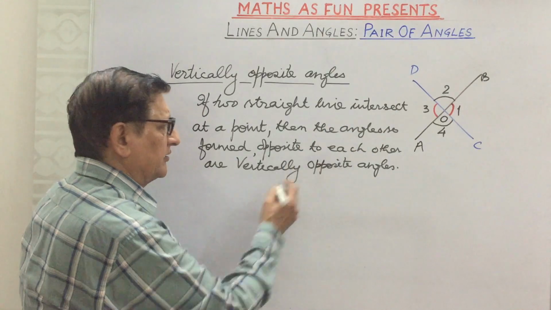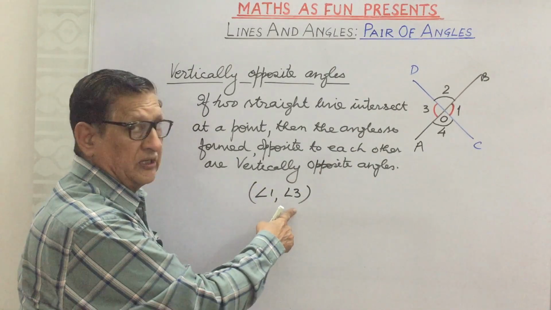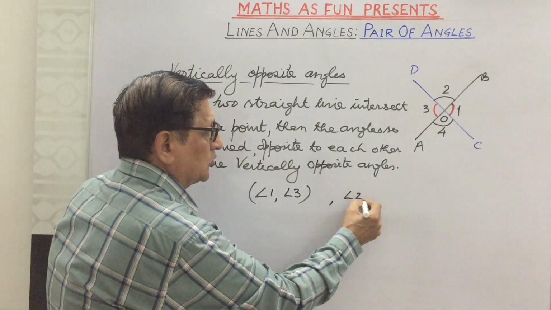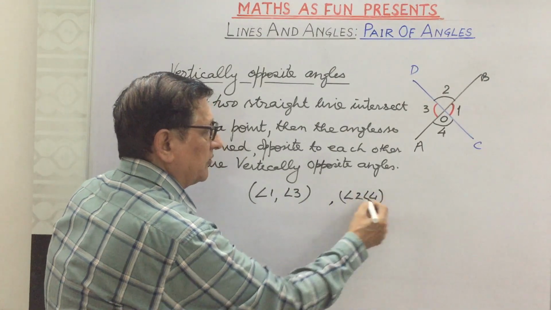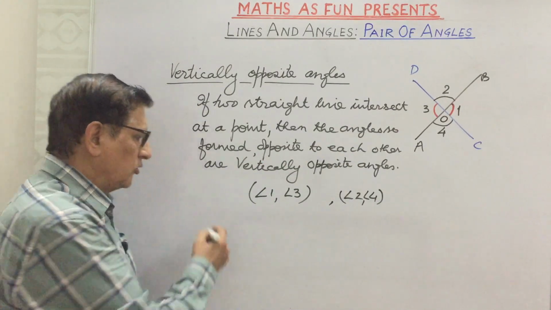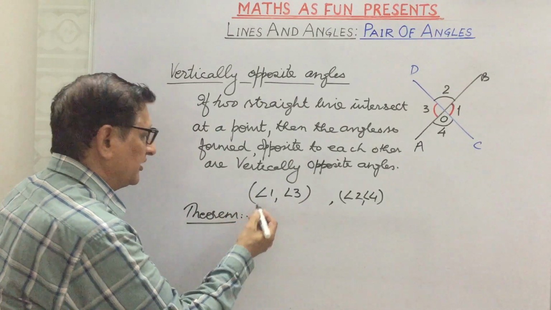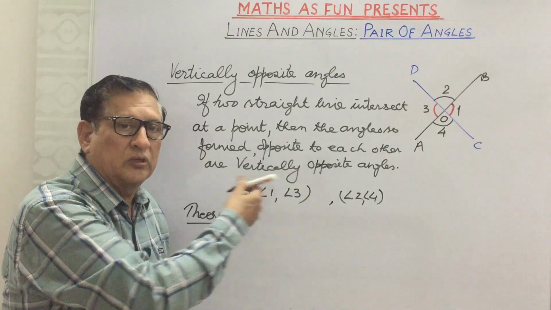So here we find that angle 1 and angle 3 are forming one pair of vertically opposite angles, and angle 2 and angle 4 are forming another pair of vertically opposite angles. There is a theorem based on it. The theorem says that vertically opposite angles are equal to each other.